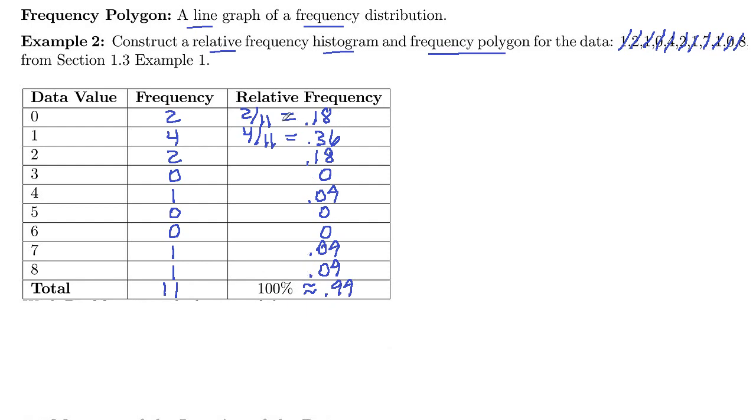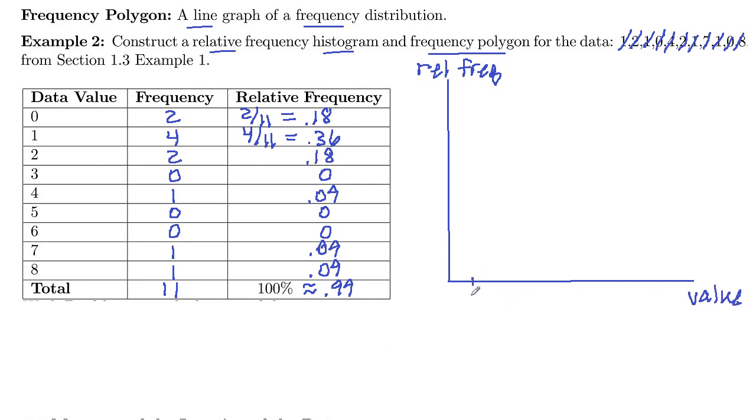So now we can go ahead and construct our relative frequency histogram. So we're going to need a horizontal and vertical axes here. So our vertical is going to be relative frequency. And then our horizontal is going to go 0 through 8. So we've got relative frequency on the vertical, and then we've got the value on the horizontal.